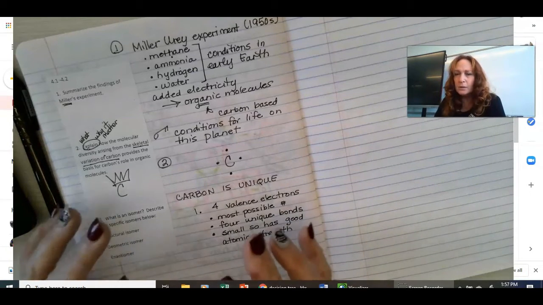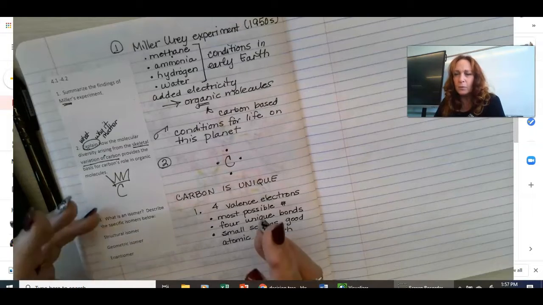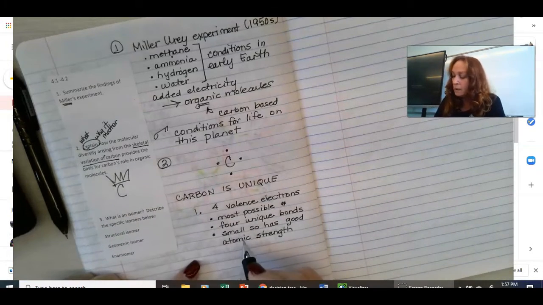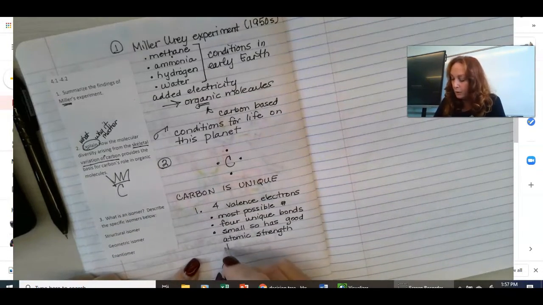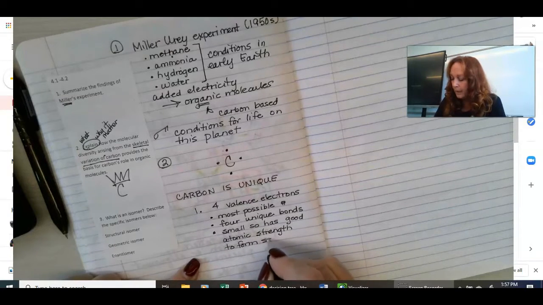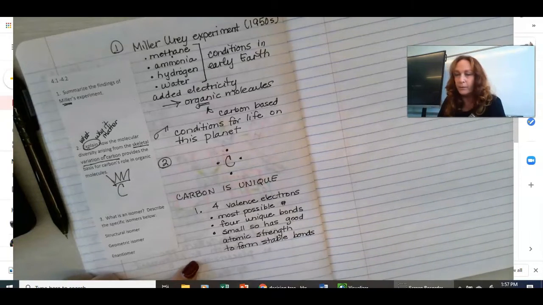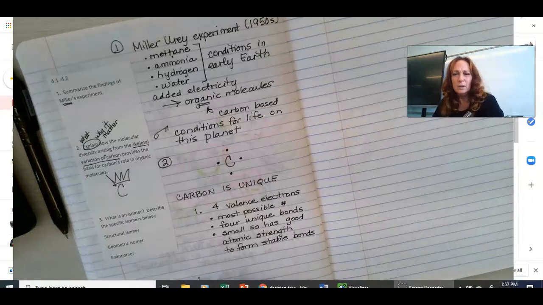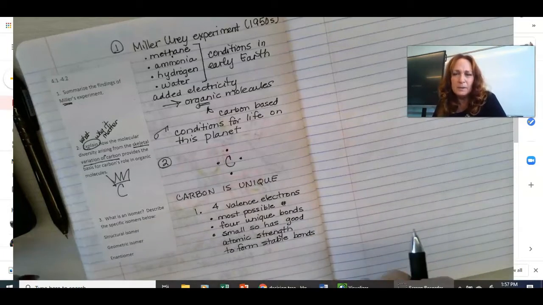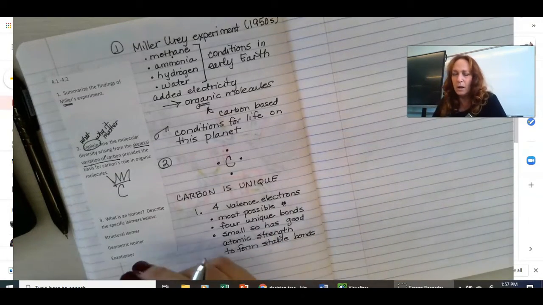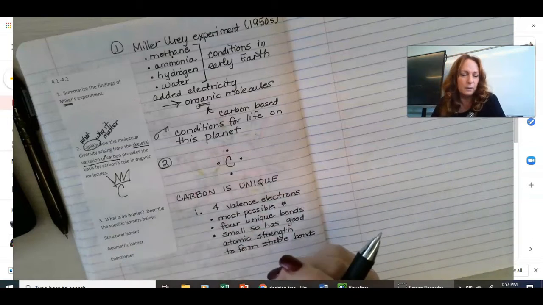The atomic associations are powerful enough to form stable bonds. Small, it has good atomic strength to form stable bonds. Because I'm pretty sure that life doesn't go on very well if things aren't stable, or if they readily become something in oxidized form. Not good.